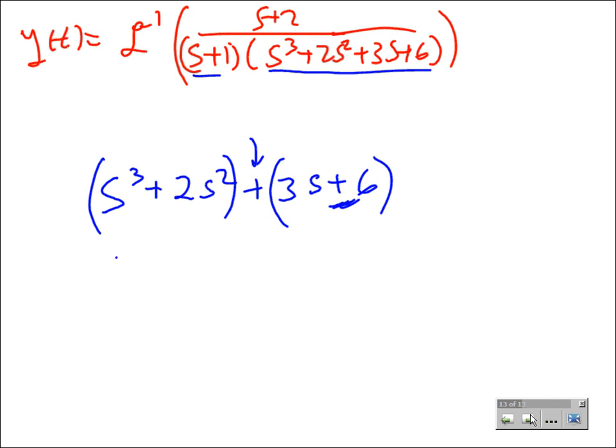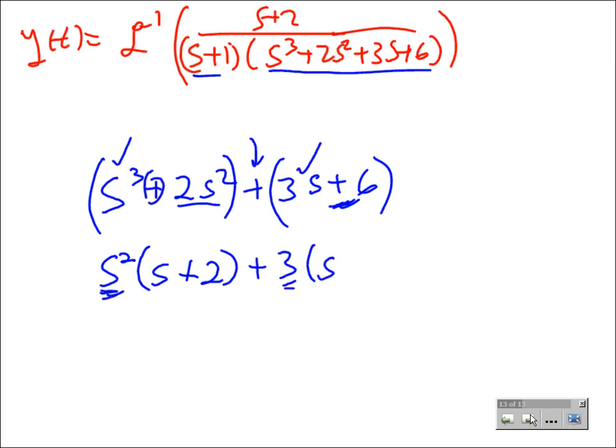In the first bracket, I can factor out an s squared. s squared times s gives us s cubed, plus s squared times 2 gives me 2s squared. The second bracket can factor out a 3. 3 times s gives me 3s, plus 3 times 2 gives me 6. And you know you're doing this right if what's left over are the same.